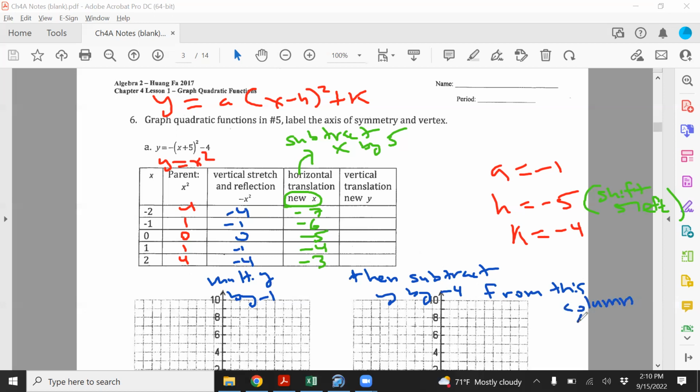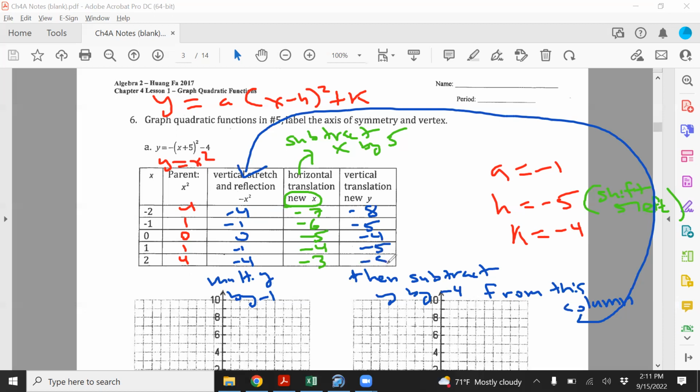When I say this column, I'm referring to that. So you take 4 away from this third column, if you want to call it that. So that's -8, -5, -4, -5, and -8. And this right here is the new coordinates or new points.